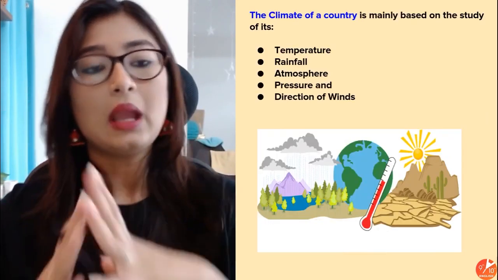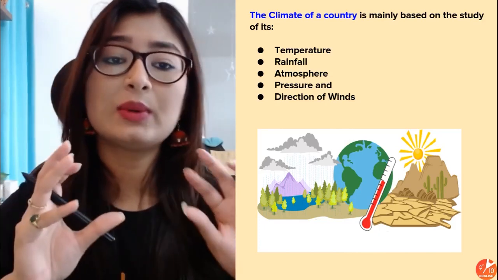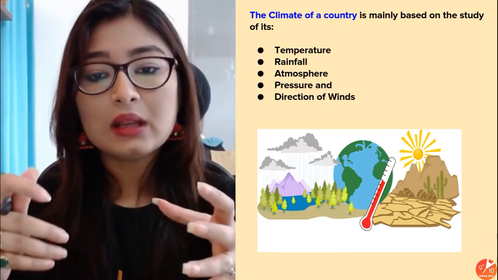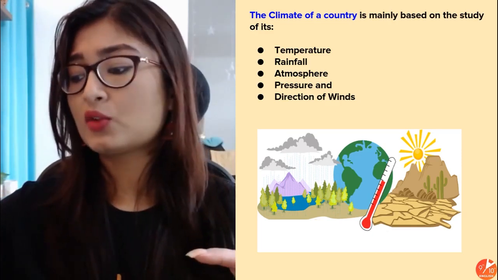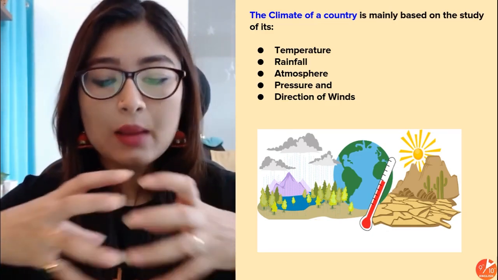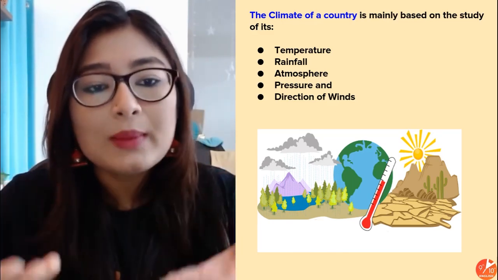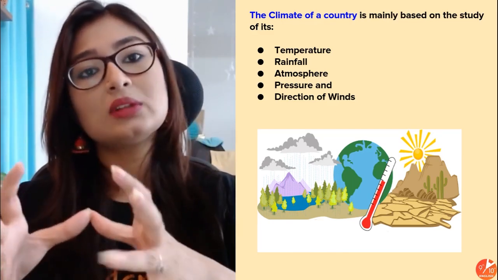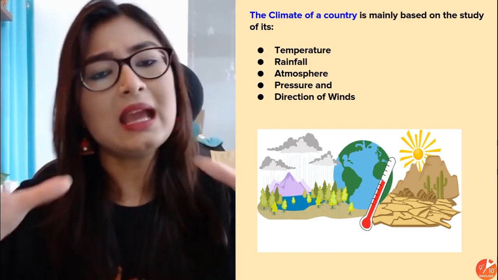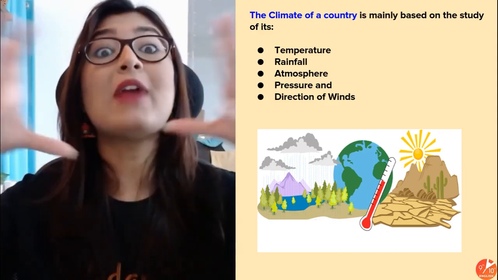Climate of the country. Bacha, one thing first we need to understand is the difference between the climate and the weather of a country. When we talk about climate, it is actually a sum of total weather conditions. But before that, what do you mean by weather? Weather refers to the state of atmosphere in a given area at any point in time. But this area has to be comparatively small. It will not be very large.